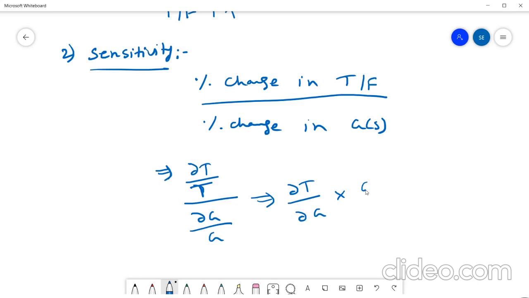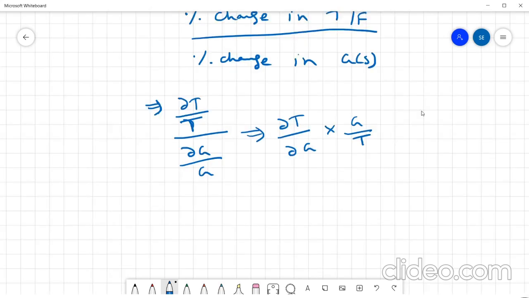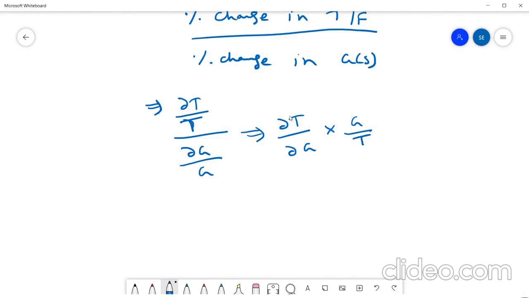So what I am doing is rewriting the same sensitivity equation in terms of 2 parameters. Individually I can take this and this one separately, right? So let us consider the first part. This one we'll see first, and this I will make it as 2.